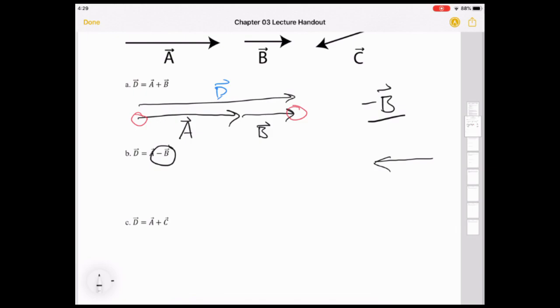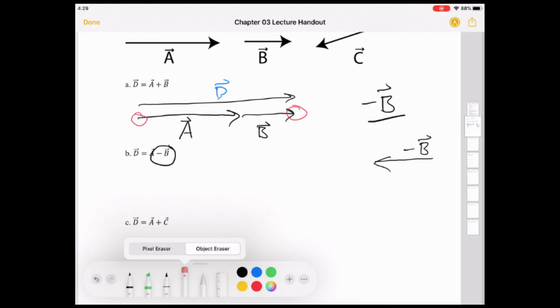That's what negative B is. So A minus B is the same as A plus negative B. So we already know how to do this, because now I know what a negative sign does.